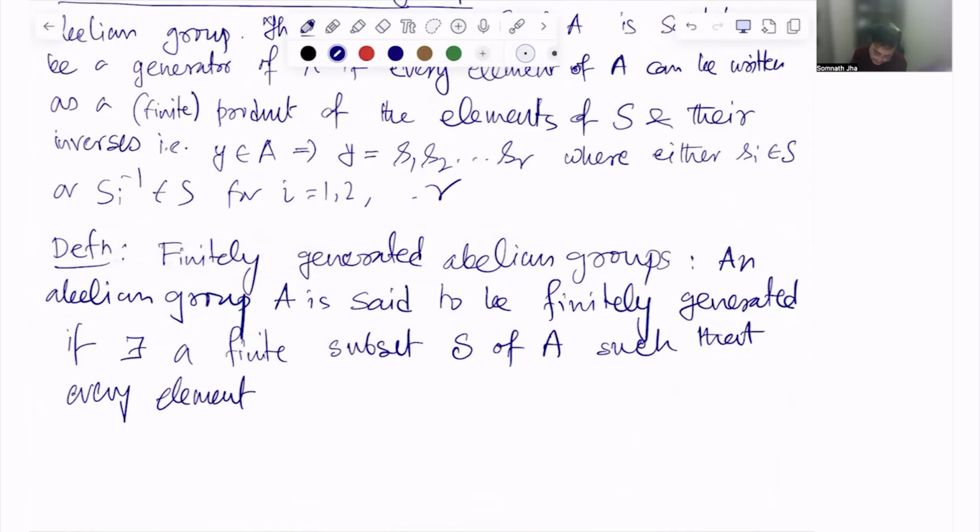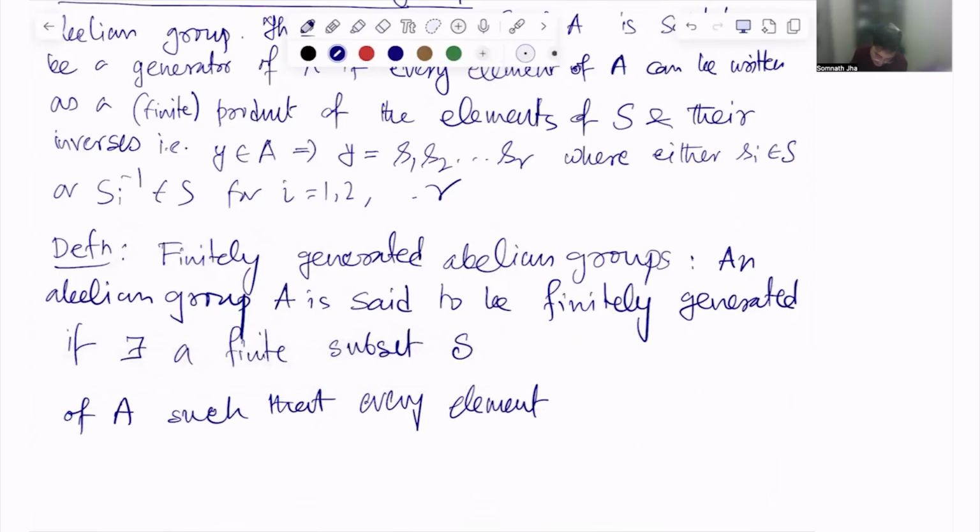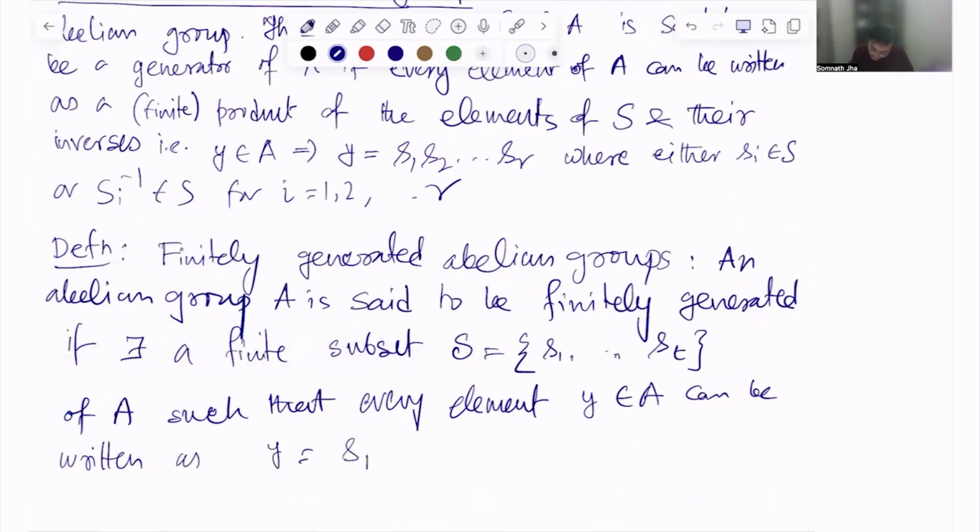So once again, let's fix a finite subset S1, S2, up to St, such that every element Y belonging to A can be written as Y equal to S1 prime, S2 prime, up to SR prime.